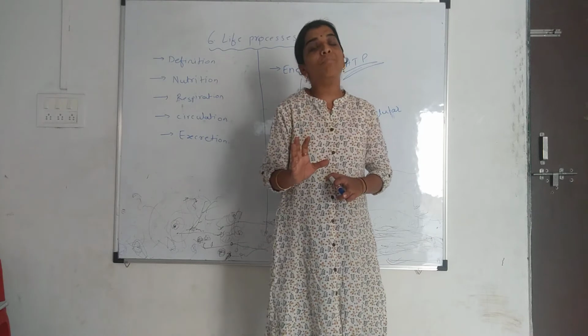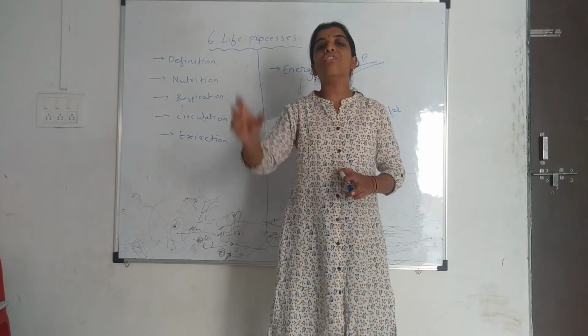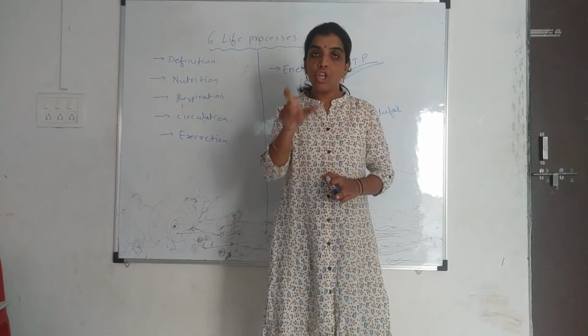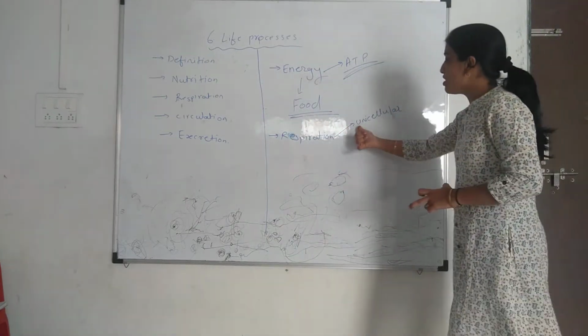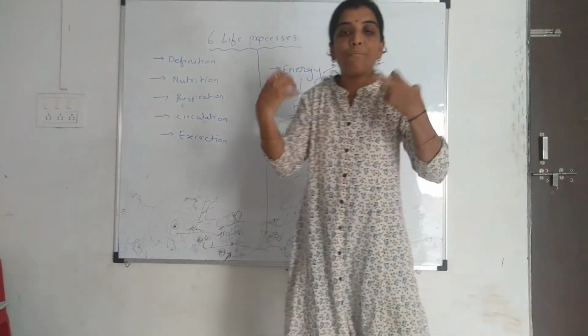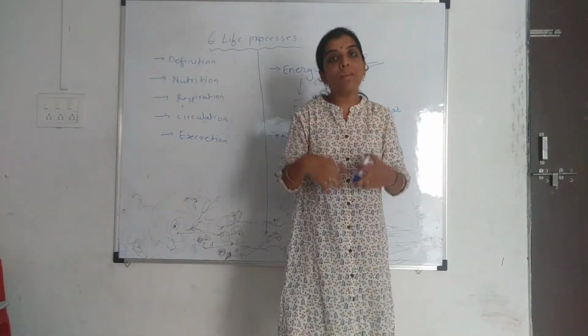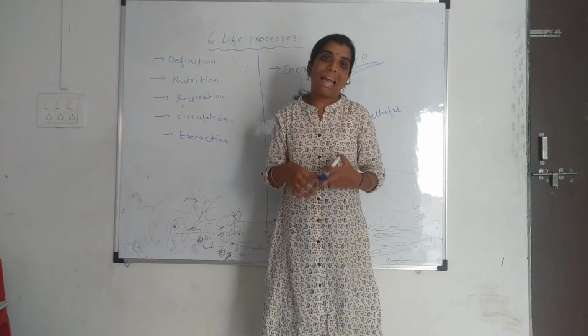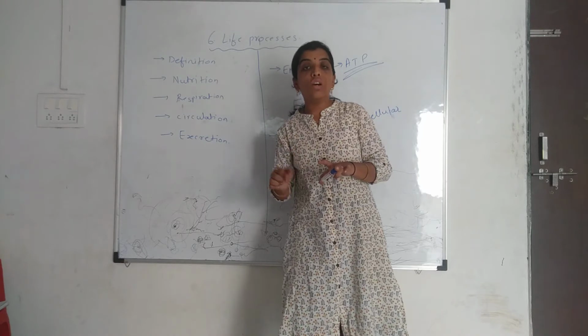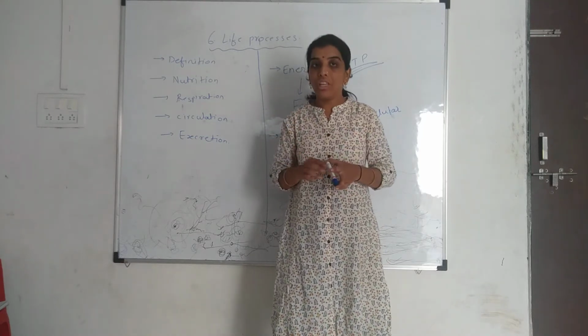Prokaryotic cell is a very primitive cell, isn't it? All the functions of their body are carried out by the single cell. So here the respiration takes place by the single cell, their cell surface is absorbing the oxygen, and they are diffusing that oxygen into their body, isn't it?